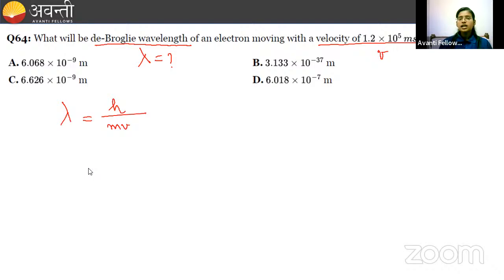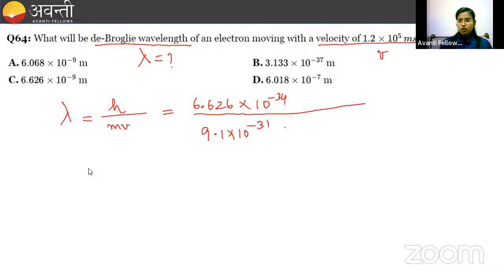So we know that the value for Planck's constant is 6.626 into 10 to the power minus 34 joule second, the whole divided by the mass of the electron, which is 9.1 into 10 to the power minus 31. So these two are the constant terms which we already know, right?